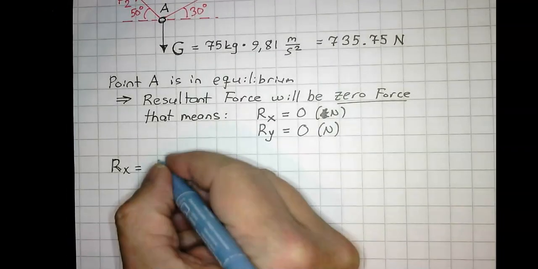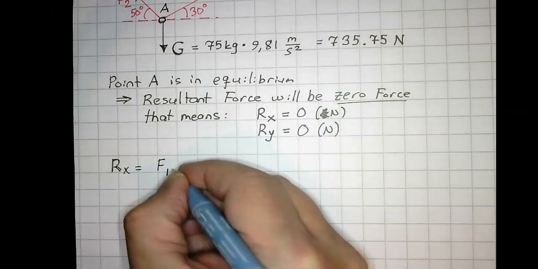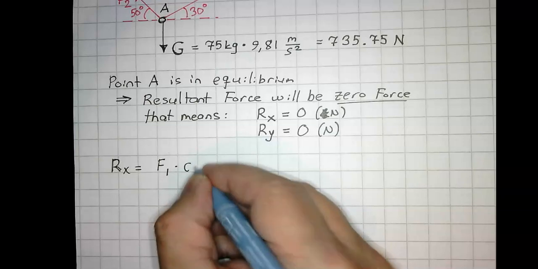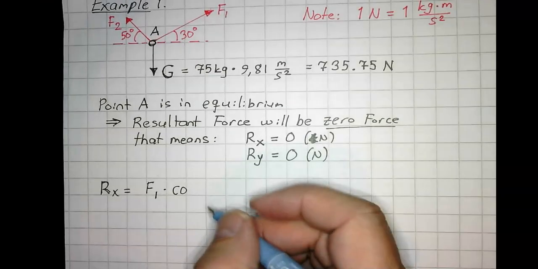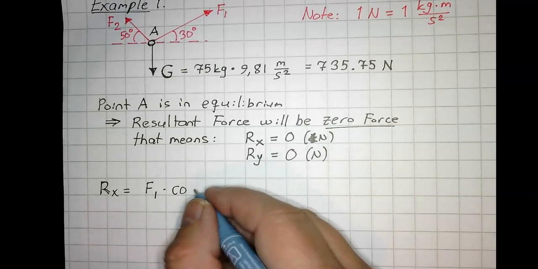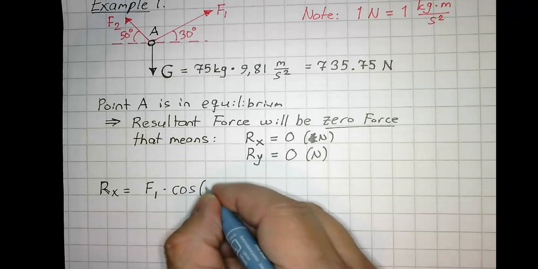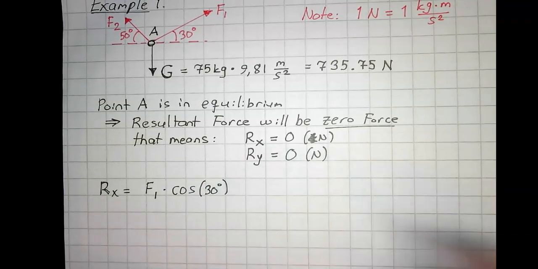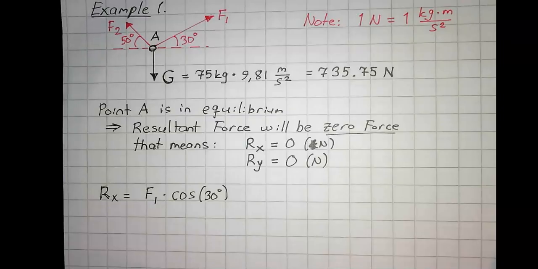So F1 gets x component by multiplying the magnitude of that force by cosine of that angle, which is measured from the horizontal plane.